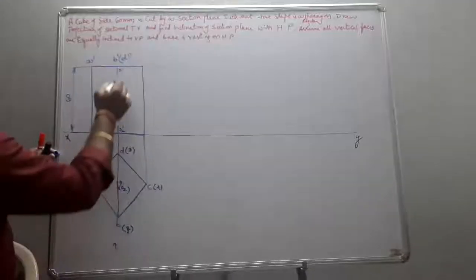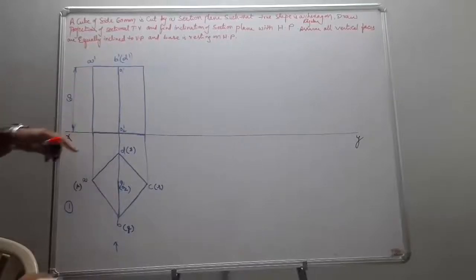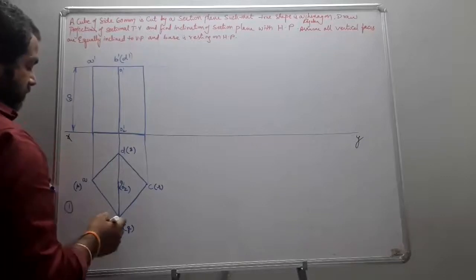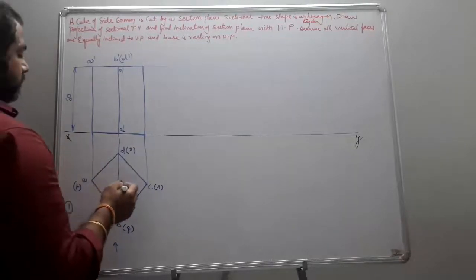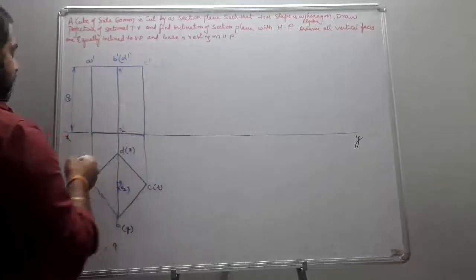It is a solid line, so the axis line exists but is hidden by the BD solid line. And this is C dash.